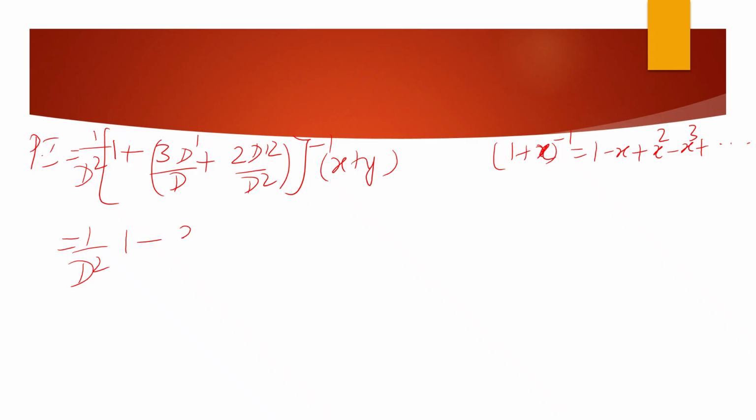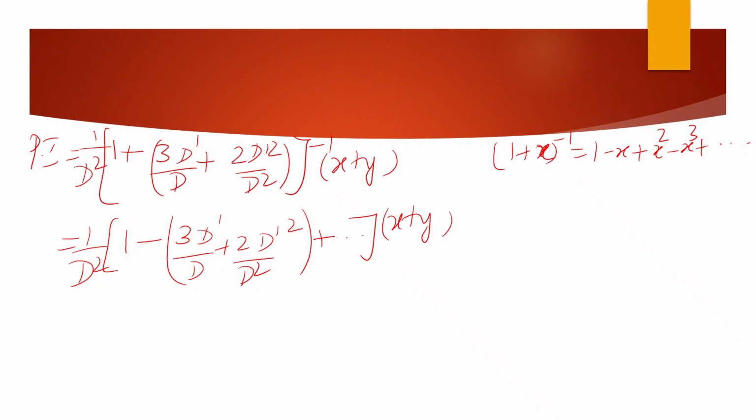So it is 1 minus 3d dash by d plus 2d dash square by d square plus x square term. I don't want x square term because here I can find maximum one derivative of this function. So I no need to show the x square term explicitly in this series expansion. So it is plus and so on of x plus y.